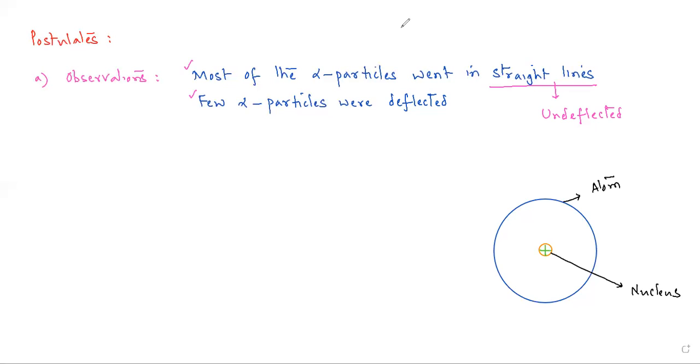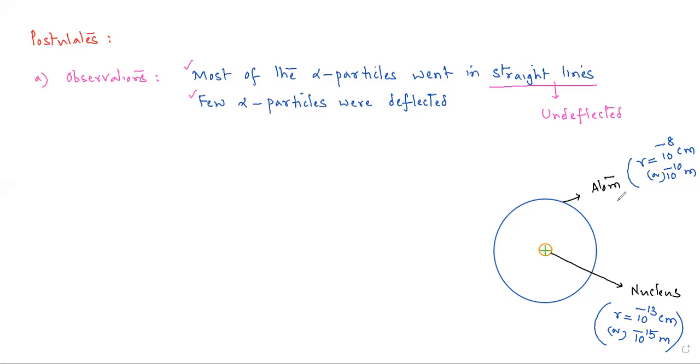Let me tell you that the radius of atom is of the order of 10 power minus 8 centimeter or 10 power minus 10 meter. Whereas that of nucleus is about 10 power minus 13 centimeter or 10 power minus 15 meters.